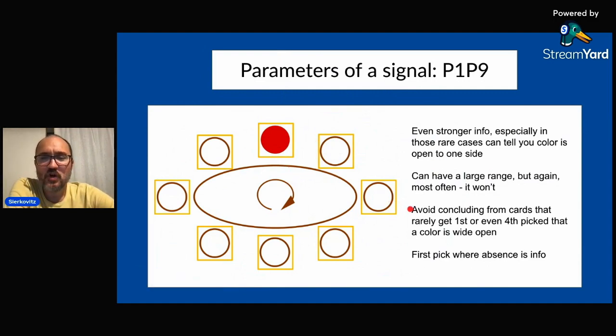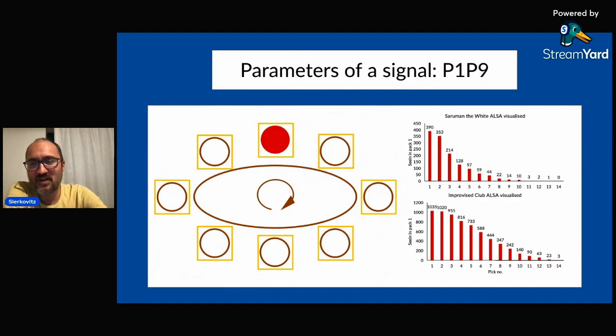Okay, avoid concluding from cards that are rarely picked first or even fourth picked, and avoid speculating that this color is wide open. So if you have this Improvised Club and it wheels, it happens 25% of the time, which is some signal, but it happens pretty frequently still.